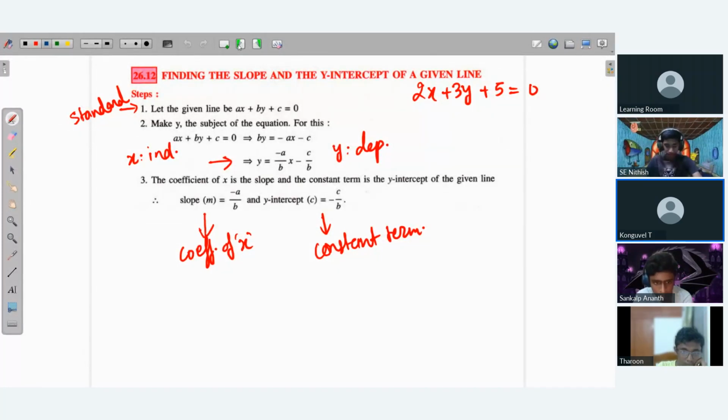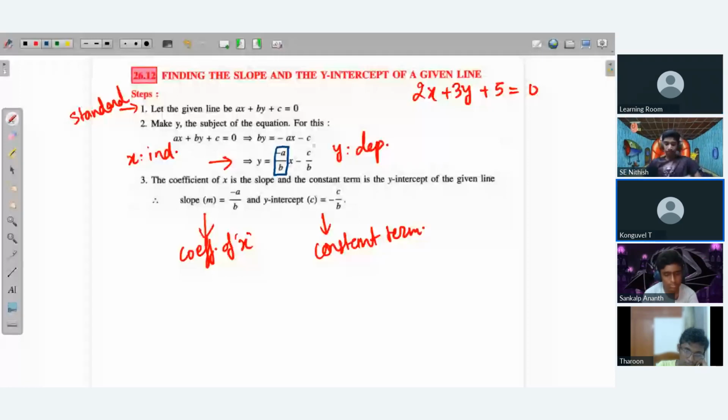The slope is the coefficient of the variable x, the number that gets multiplied by x. And the y-intercept will be the remaining constant term. Be careful of the sign. So that is taken as a whole.